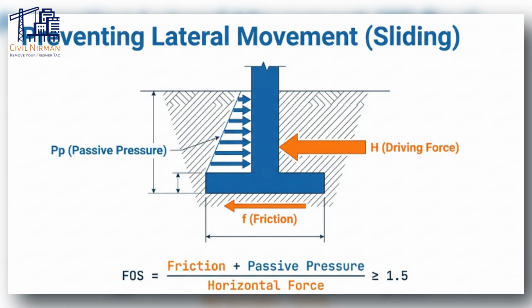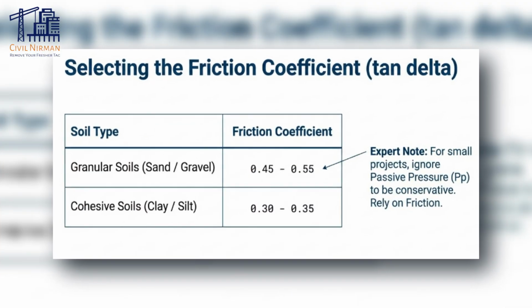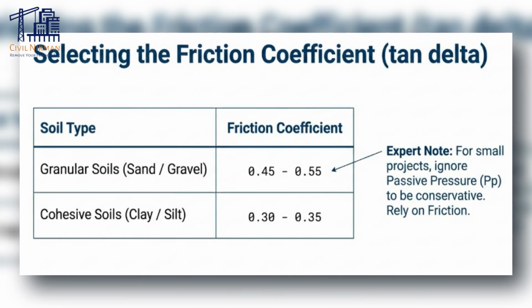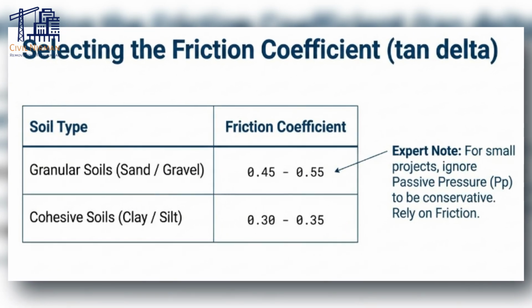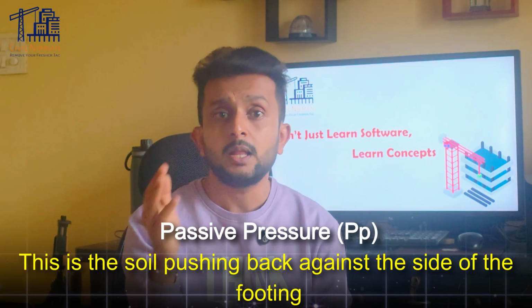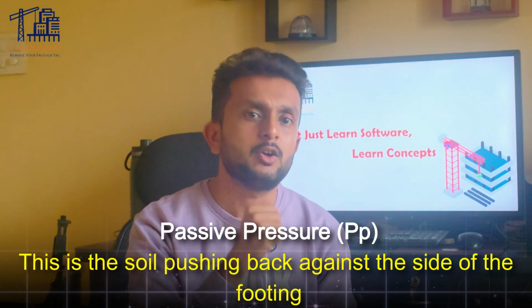Friction resistance relies on the weight of the footing pressing down on the soil. Friction is ultimately total vertical load times the coefficient of friction. Now for granular soil, that is sand or gravel, the coefficient is approximately 0.45 to 0.55, and for clay or silt, the coefficient is lower, approximately 0.30 to 0.35. In the case of passive pressure, this is the soil pushing back against the side of the footing.